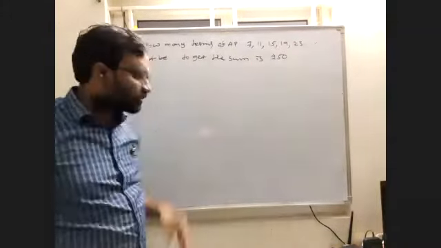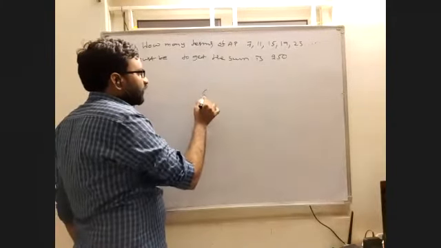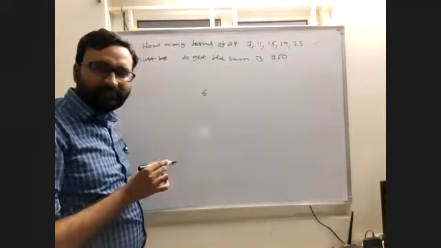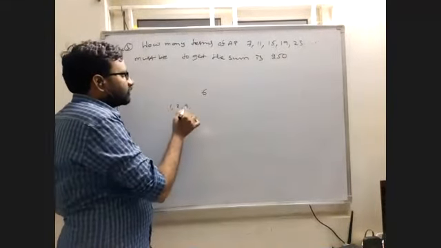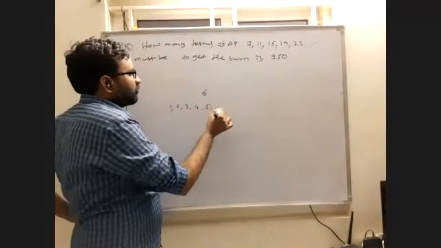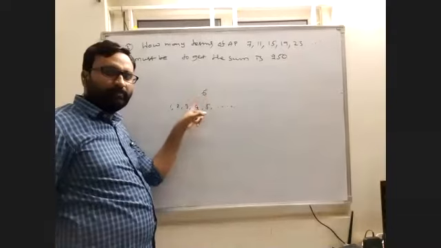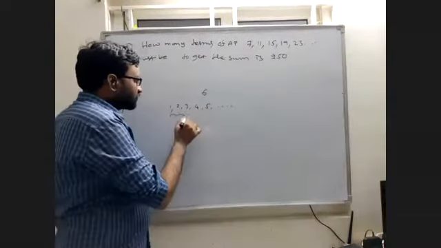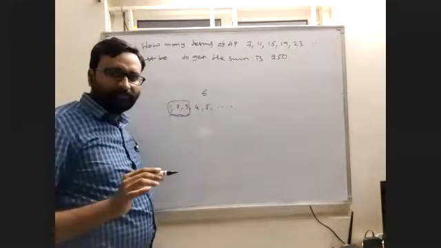Now what is he asking? Suppose, to get the sum 6 from numbers in AP, the numbers are 1, 2, 3, 4, 5 and so on. To get the sum 6, how many numbers do we have to take? 3 numbers: 1 plus 2 is 3, 3 plus 3 is 6.